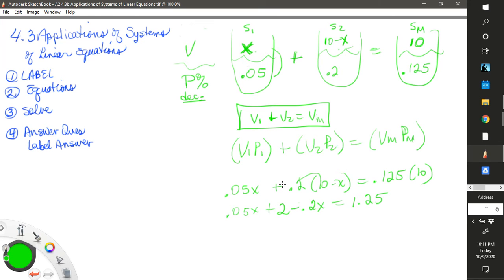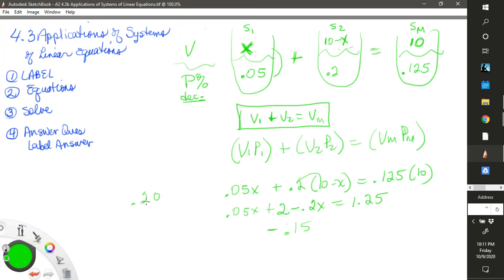We have two x terms. The 2 is negative, a negative 2 plus a 0.05 turns into a negative 1. Oh, wait a minute, wait. I had the wrong number. I had the whole number 2. 0.2, and it's negative, plus a 0.05 is a negative 0.15.